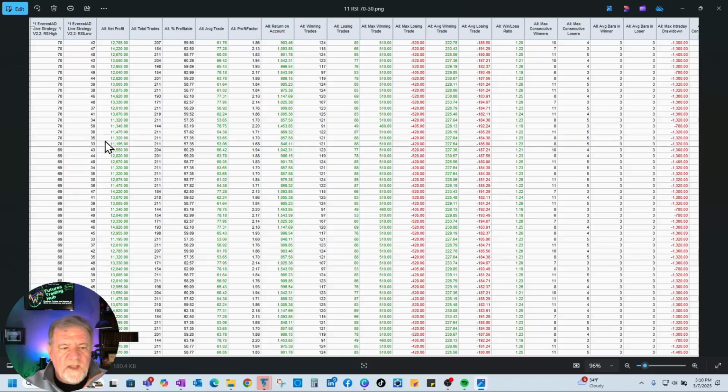So I would never use 70 and 30. 70 and 30 did not give us a good feeling, right? We're down $6,000. We're losing 8% difference in what we had. So we would not want to go with this.